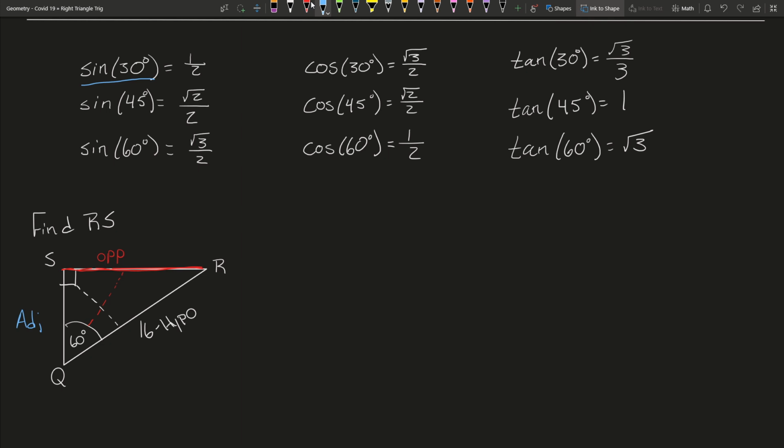So now let's just explicitly state all of that. So we have an angle. That angle is 60 degrees. We have a hypotenuse. And we need the opposite side. Again, just define what we have and define what we need.